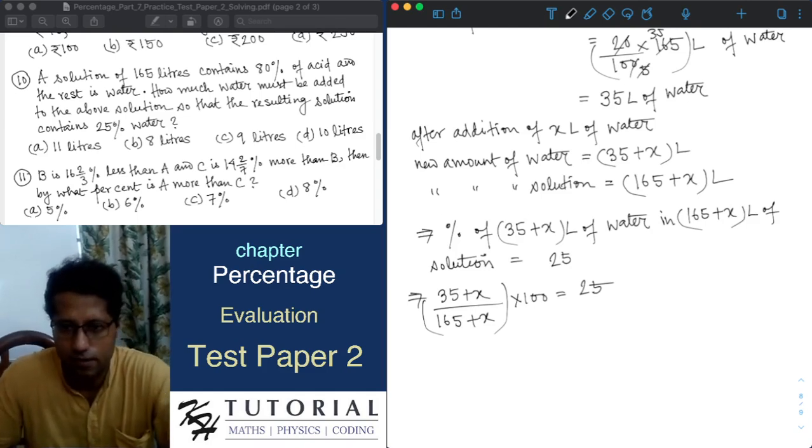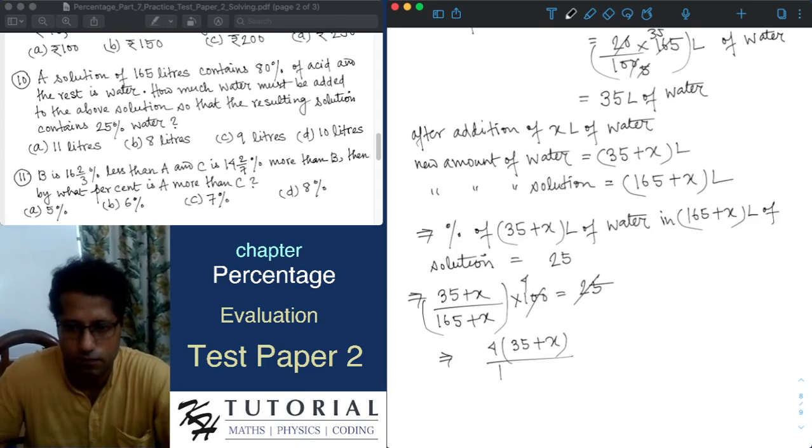Now we can cancel out 25 and 100 with 4, so we get 4 into 35 plus x divided by 165 plus x equals 1.